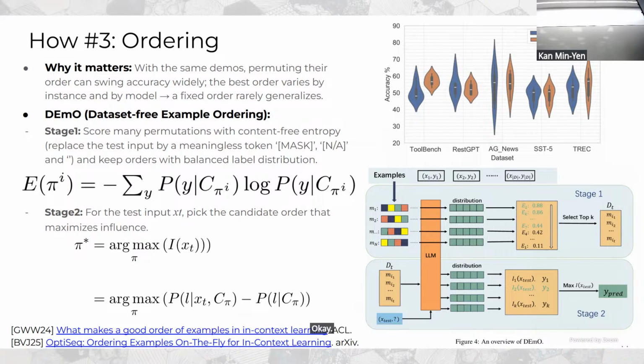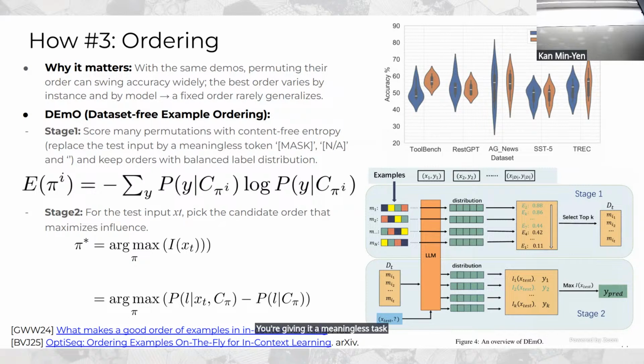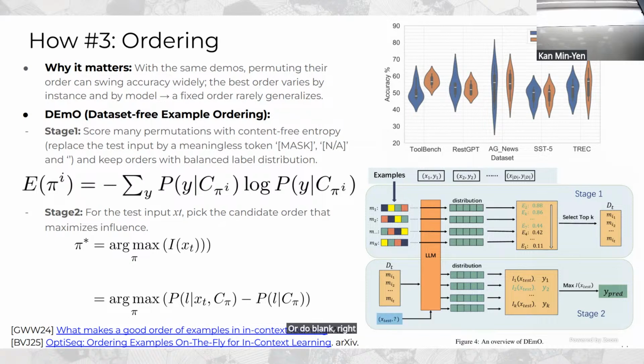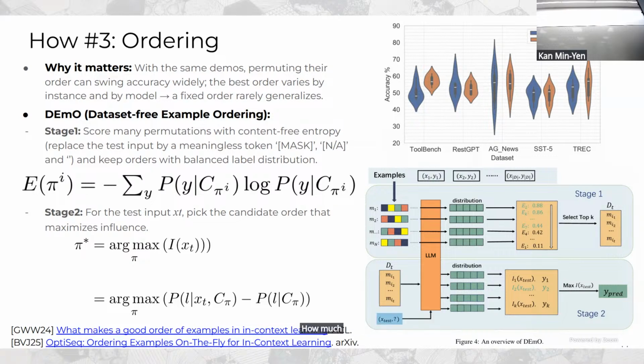Okay, so the first step is to sort of calibrate how much effect the ordering has, because you're giving it a meaningless task. You're saying, do something, but I'm not going to tell you what, or do blank, right? So it's a no-op. But you know the ordering matters in the demonstration, so you're trying to calibrate how much of it there is, right?